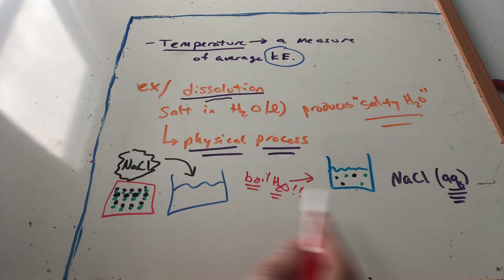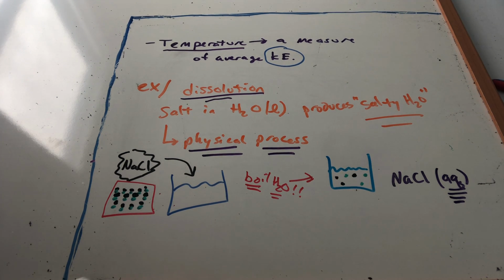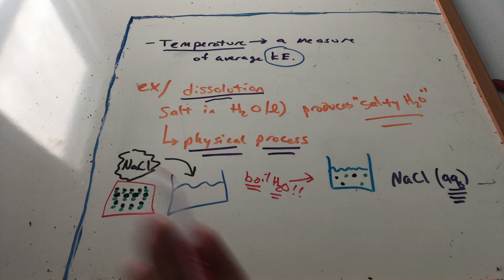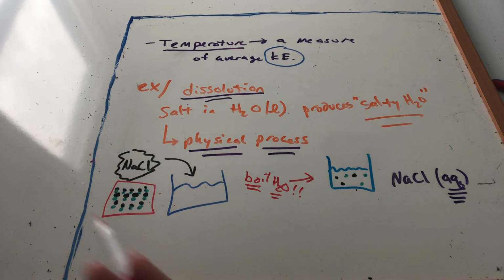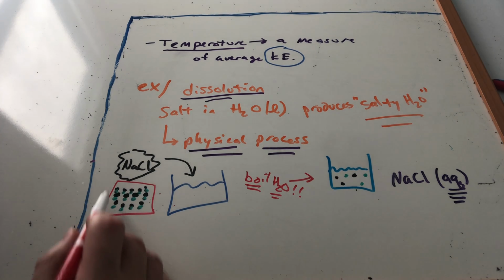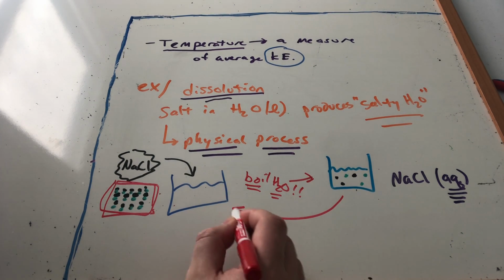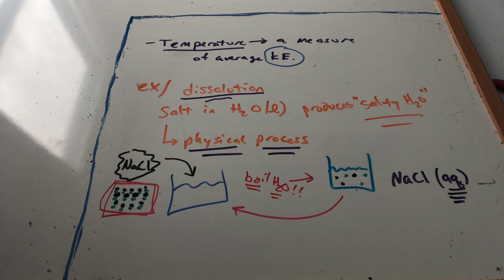So we can use temperature in that way to get back to the components, all right? And again, that's an indication where if we can use just physical properties to get back to where we started, then we definitely had a physical change, okay? So this is actually reversible by taking advantage of the physical property of boiling point, all right?